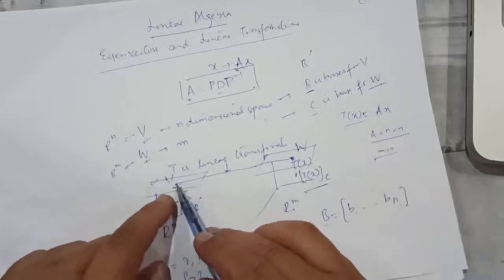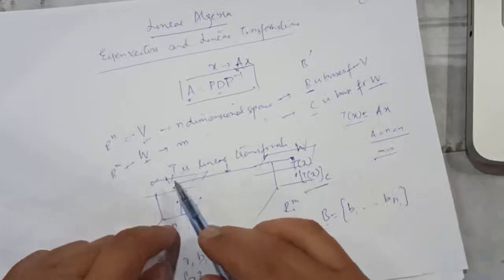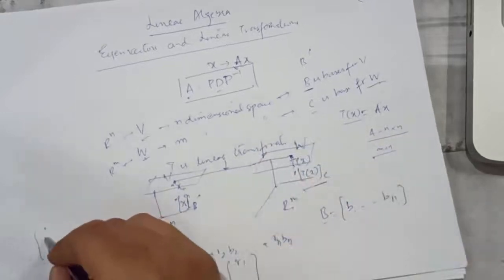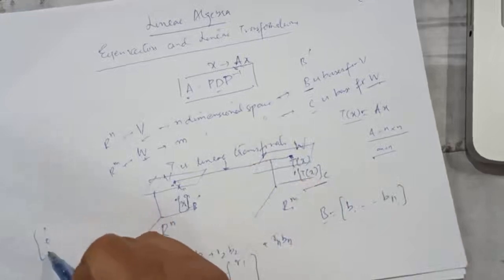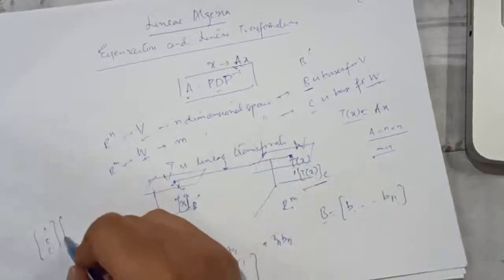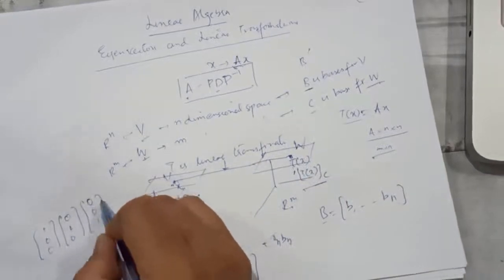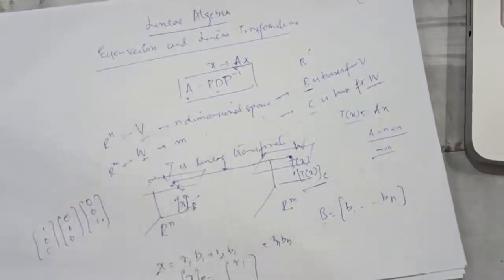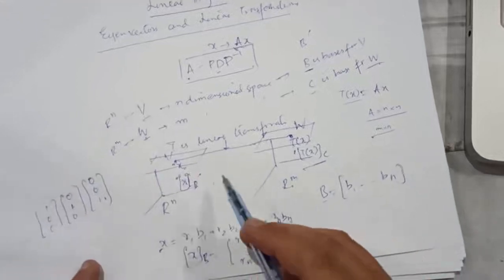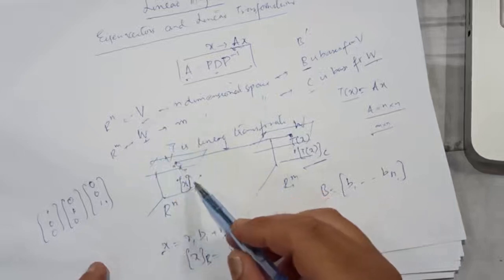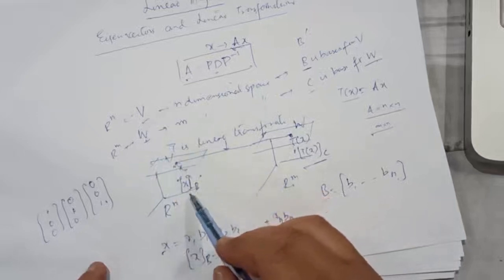Now, this x is in the standard basis, which for three dimensions is 1 0 0, 0 1 0 and 0 0 1. But here you have already defined the set of bases for the vector space V. So this x has to be represented as x of B, right?